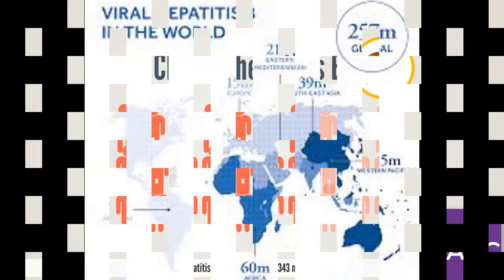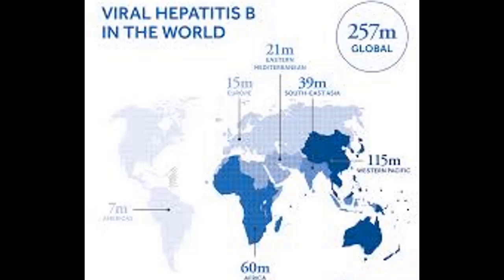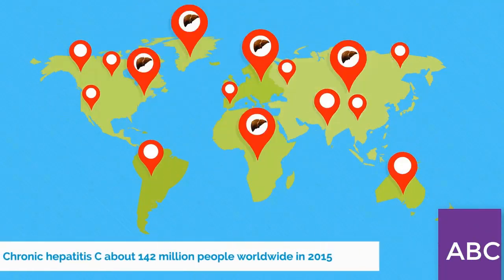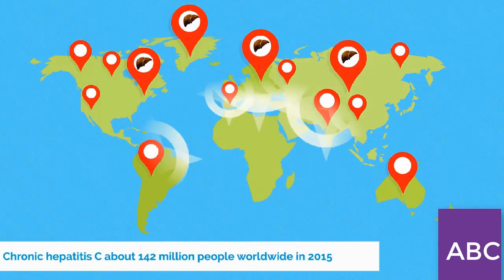That is in 2015. However, in a previous year, in 2013, the global estimate of hepatitis B was 257 million, with Africa accounting for about 60 million, while Southeast Asia has the highest with 115 million infected people. Furthermore, chronic hepatitis C accounts for about 142 million people worldwide in 2015.